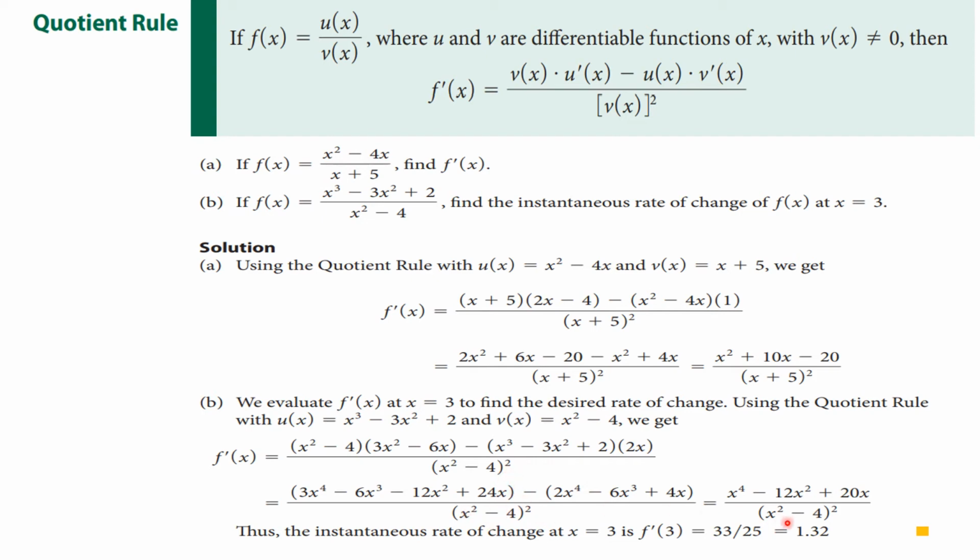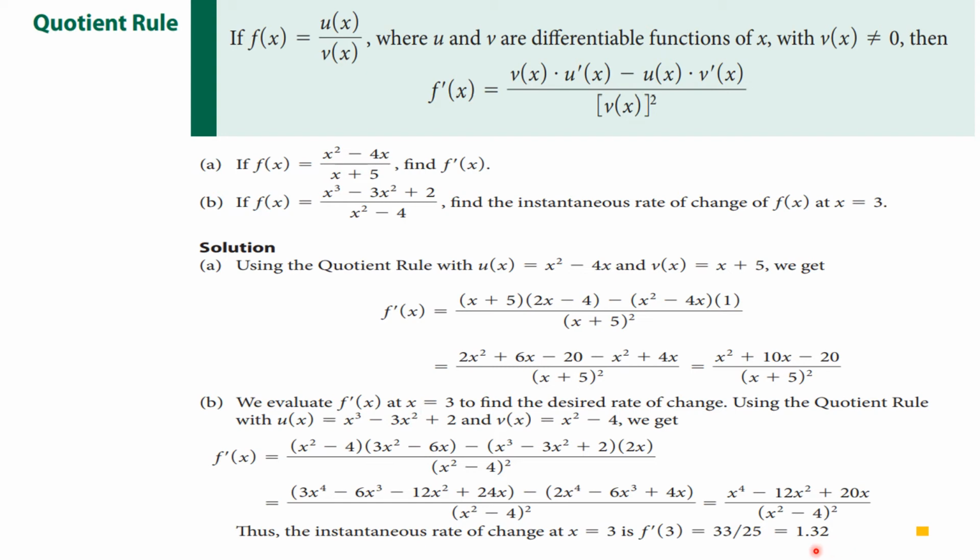After you simplify, you will get (x⁴ − 12x² + 20x) divided by (x² − 4) whole squared. After that you have to find the value of this derivative, or instantaneous rate of change, when x equals 3. So you substitute x equal to 3 into this derivative, and you will get the value 1.32.